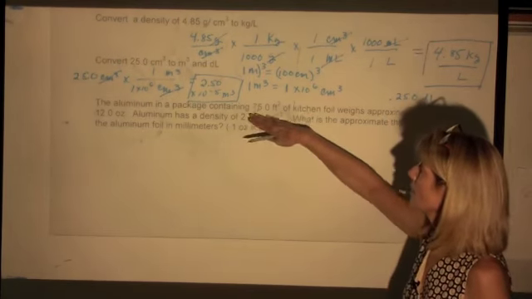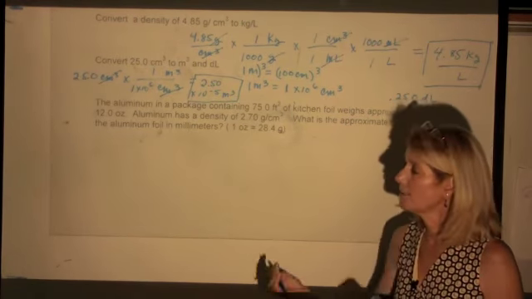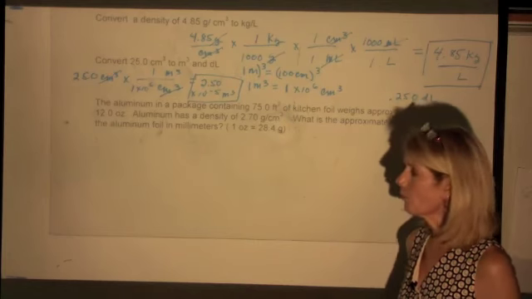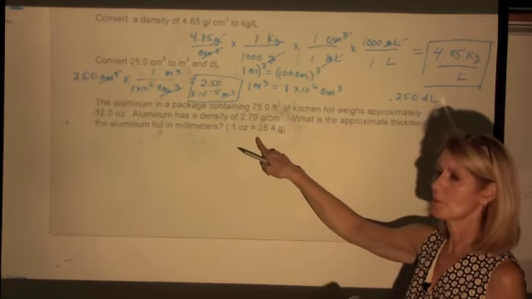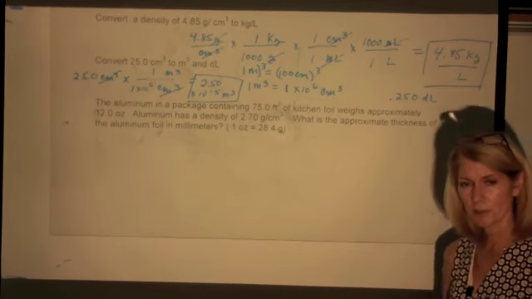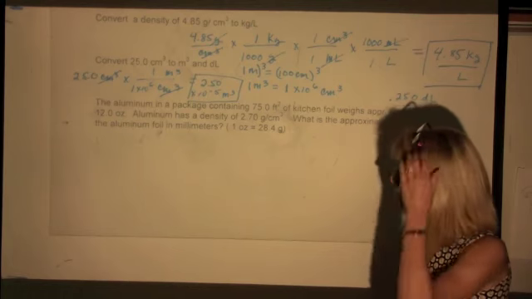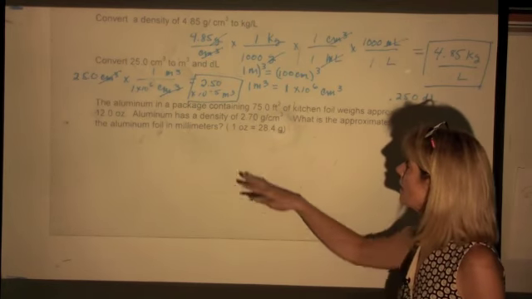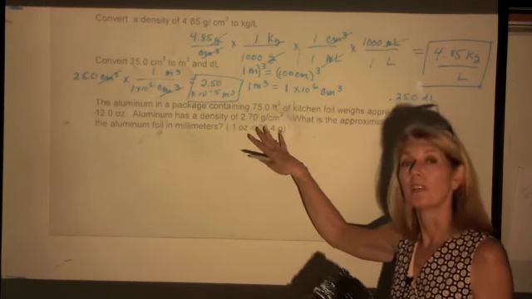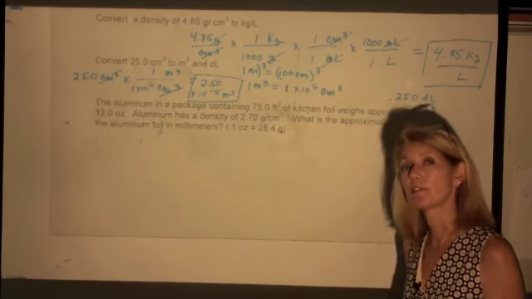So we're given some information in customary units. We're given some information in metric units. Again, you won't have to memorize conversions between customary units and metric units. If you need the information, they'll give it to you in a problem, or you'll have another sheet that has the information in there for you.